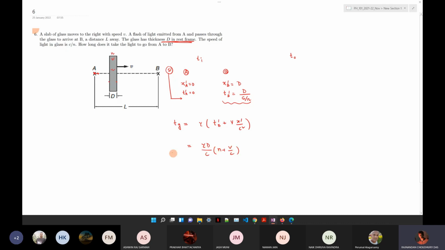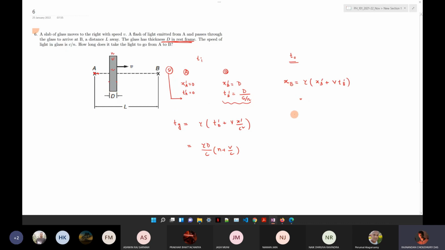This much time it will spend inside. Now how much time will it spend in the outside region? For that we have to know how much distance it has covered outside. So let us find how much distance it has covered inside. This much distance it will cover inside: gamma (x_B' plus v t_B'). From here we get the distance covered inside.